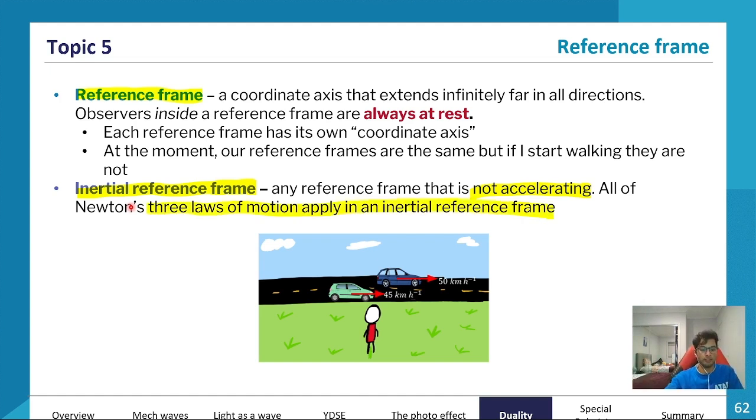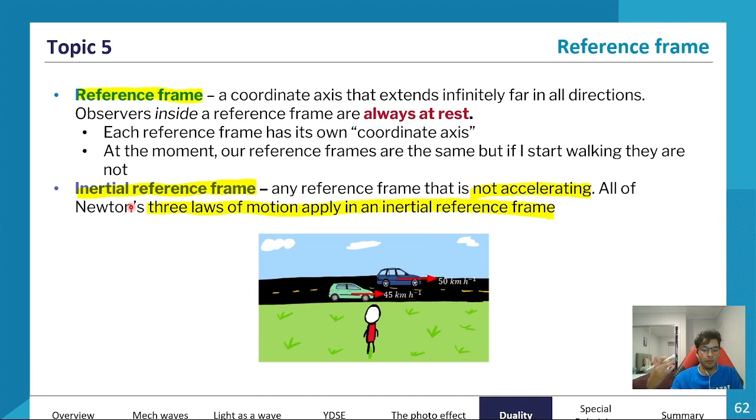The basic idea behind this is that if you're blindfolded in some dark room in some train that is traveling at 100 kilometers an hour, you cannot tell the difference, because you have no reference frame. There is no experiment that's going to differentiate whether you're at rest or you're traveling. So in an inertial frame of reference, it's not accelerating, and every single law of motion will be the same. It doesn't matter if you're traveling at 0 kilometers an hour or at the speed of light.